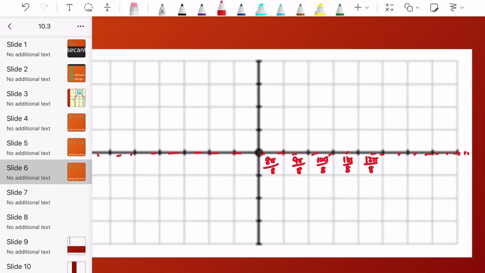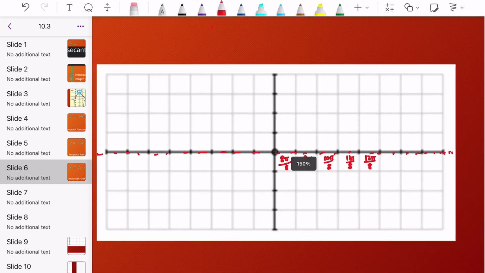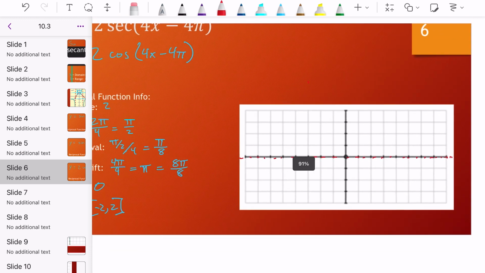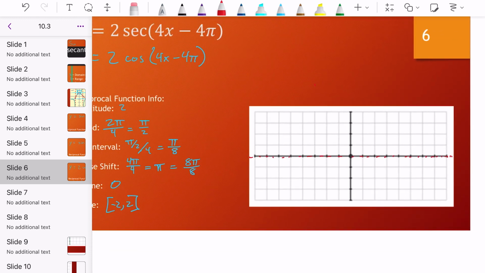Now, keep in mind, every single time that we do this, we want to make sure to label our x-axis. Now we are doing a distance of pi over 8 between every single one of our blocks. So keep in mind, our y-axis is going to begin at 0, and we're going to go over to 8 pi over 8 at our first little line.